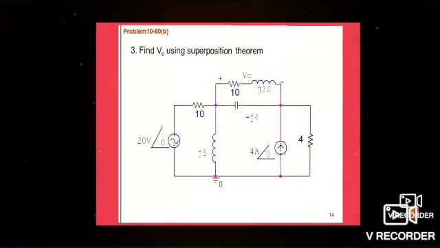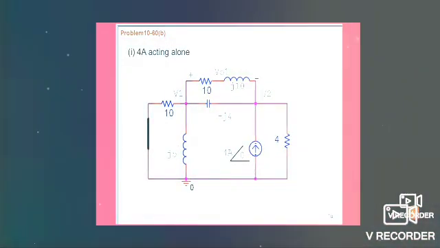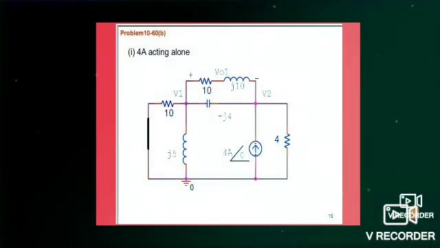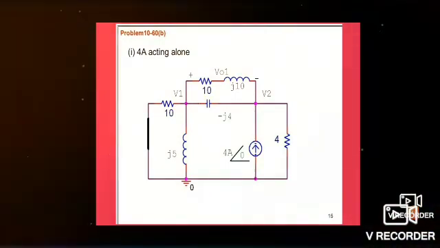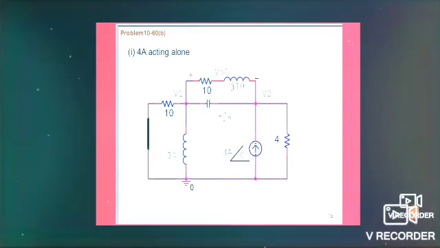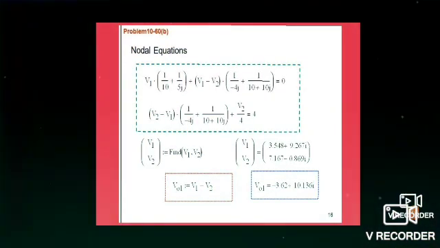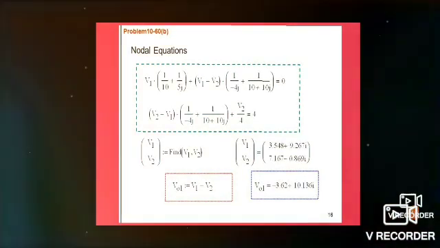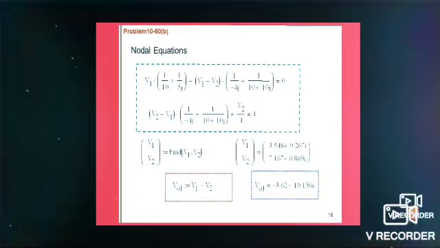Same circuit diagram. Now we keep only the 4 ampere source acting alone, and the voltage source is short circuited. We can use either nodal analysis or mesh analysis. Here they are using nodal analysis. Therefore, V1 into 1 by 10 plus 1 by 5J plus V1 minus V2 into 1 by minus 4J plus 1 by 10 plus 10J equal to 0.